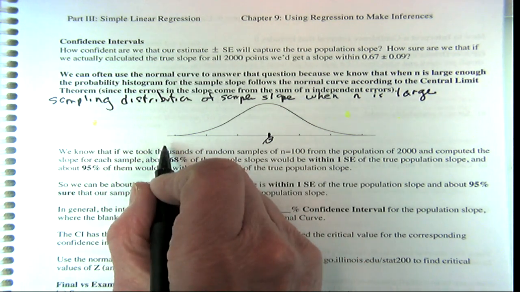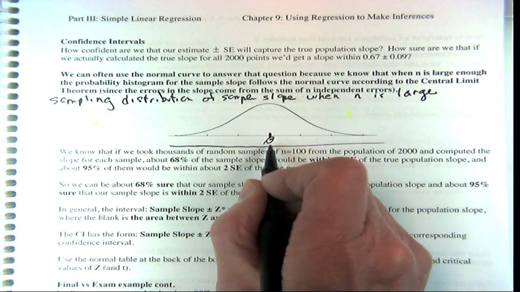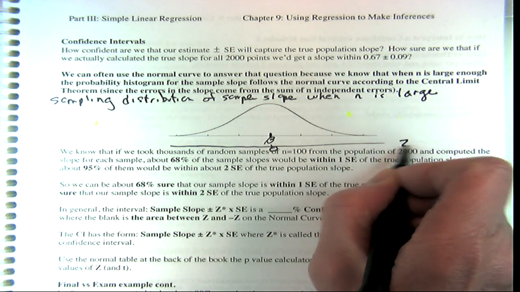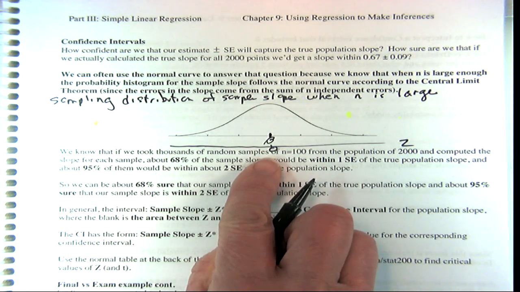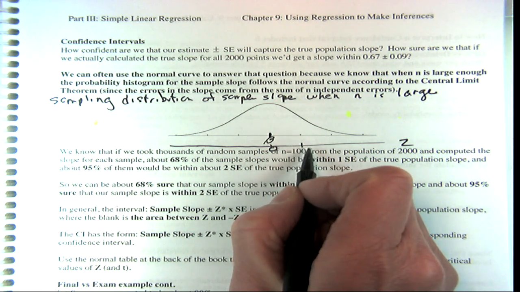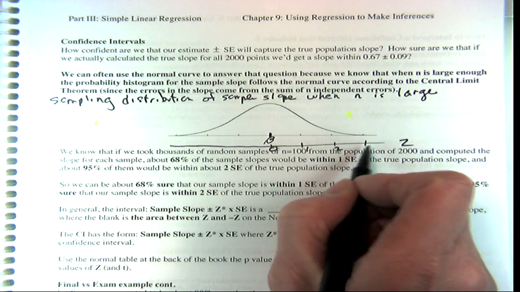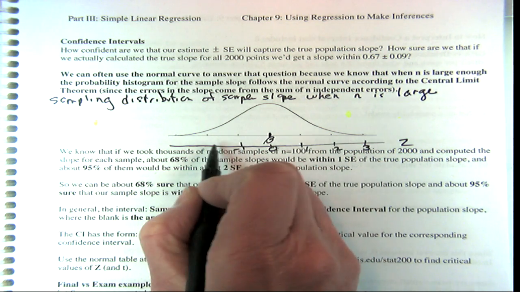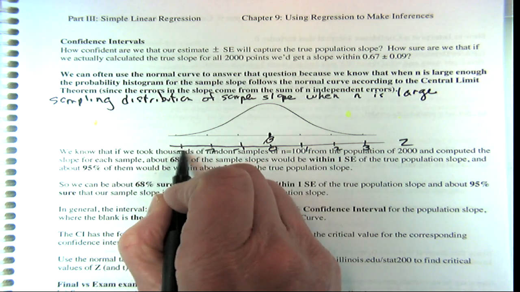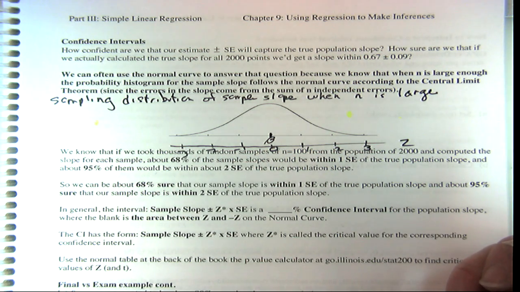Now, as a z-score, right in the center would be 0. And this would be 1. That would be 2. That would be 3. That would be -1, -2, and -3. All right, so that's what it looks like.